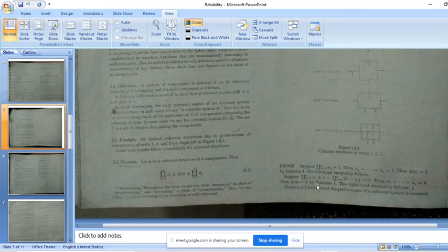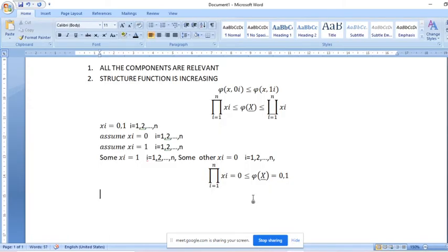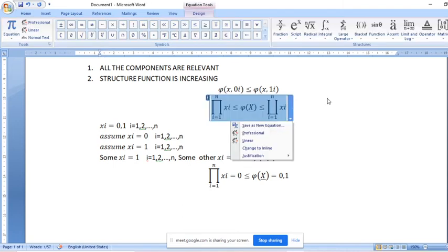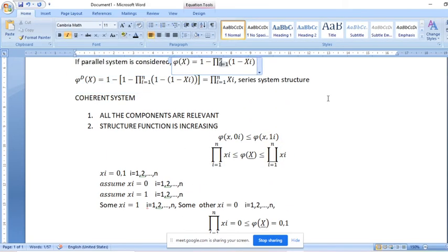Another situation is, suppose that union xi equal to 0. What does it mean?